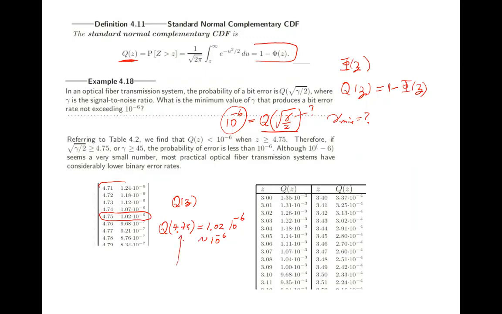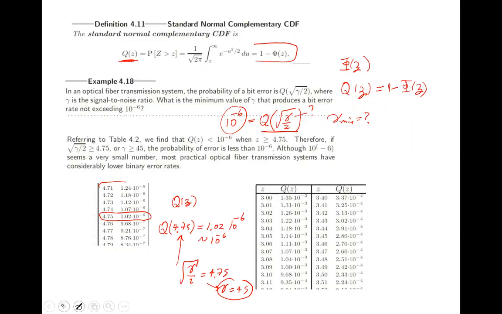Now this should be equal to square root of gamma over 2 equals 4.75. From here, I can determine gamma, which is 45. So it should be greater than 45 so that the bit error rate does not exceed 10 to the minus 6.